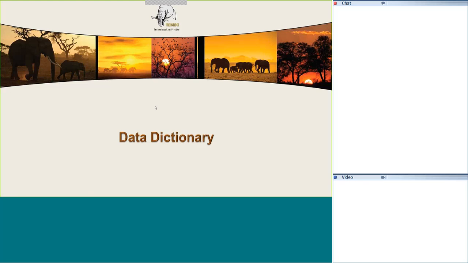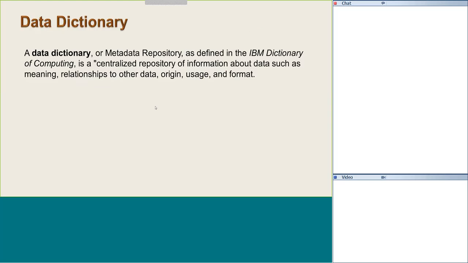Now, a data dictionary, or metadata repository as defined in the IBM Dictionary of Computing, is a centralized repository of information about data such as meaning, relationships to other data, origin, usage, and format.